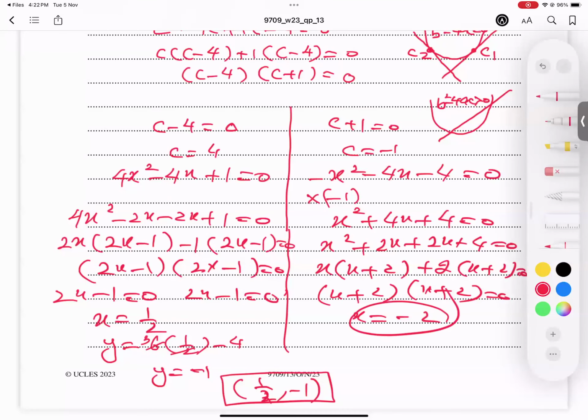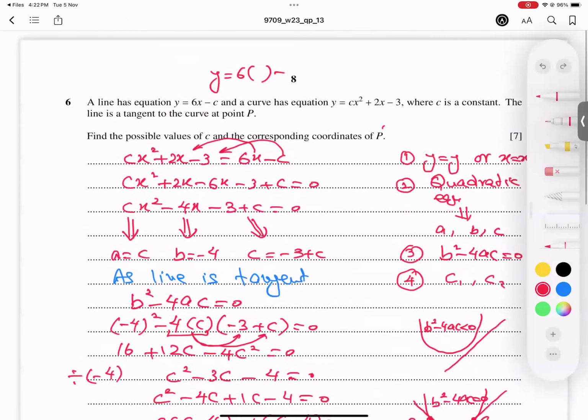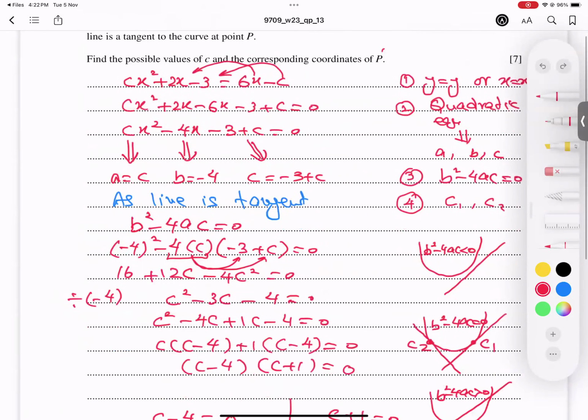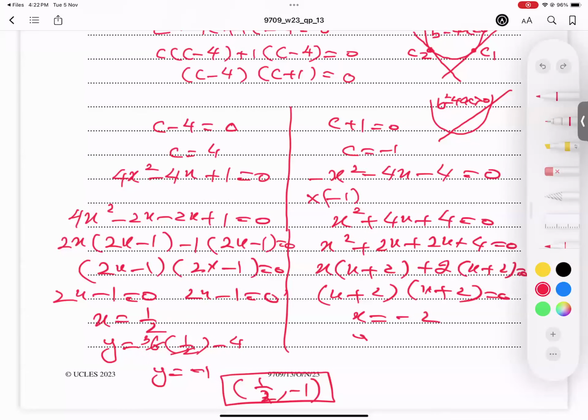And I plug in this minus 2 back again into the top equation to get the y coordinate. But make sure y equals 6 times x minus c. But what is the c value? The c value is minus 1, coming here below. So I got a negative 12 and plus 1. And finally, I got negative 2 and negative 11.